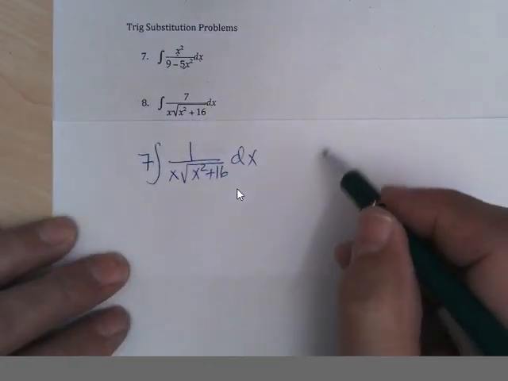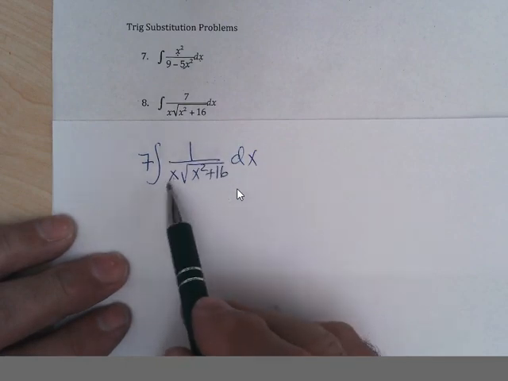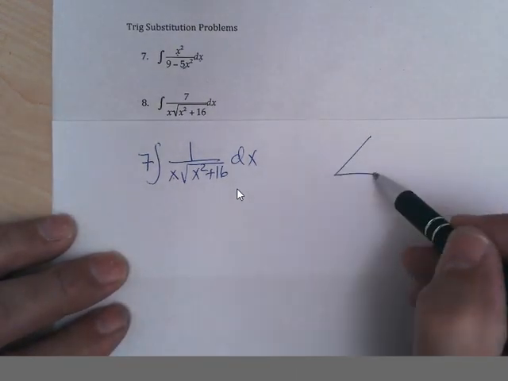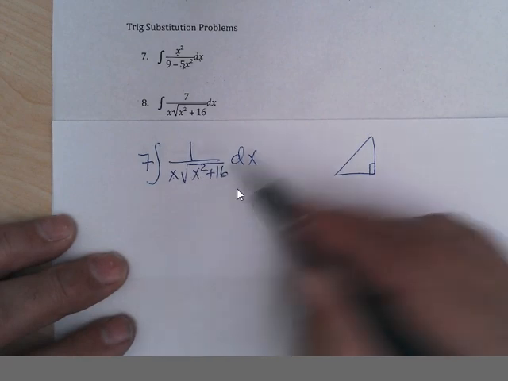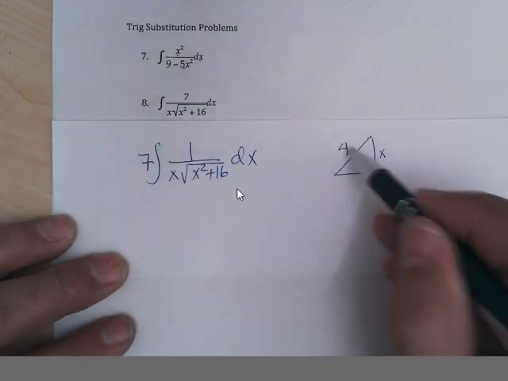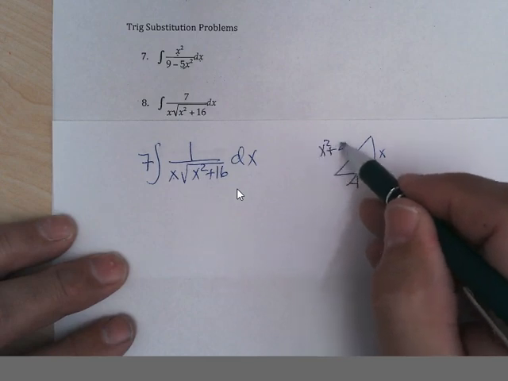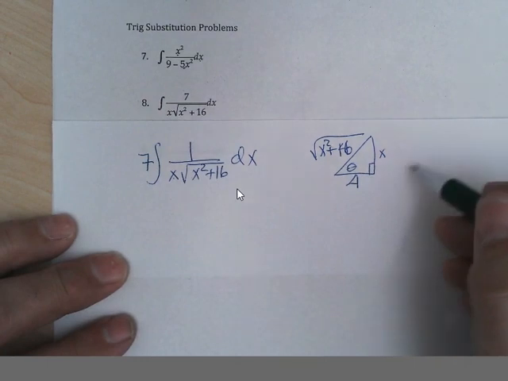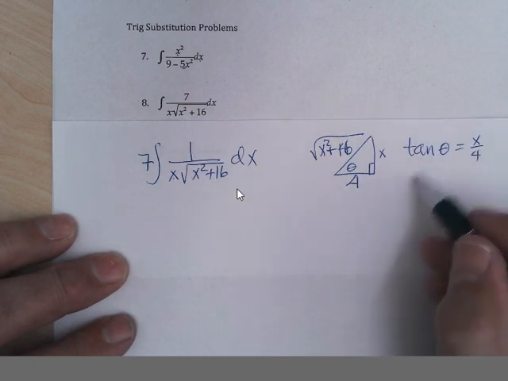And so if I let u be this, we'd get an x down here, which would make it an x squared. Wouldn't be bad, but it wouldn't be the easiest. Trig sub would be a little bit easier, and they're added, so I can put the x here and the 4 here, and I would get x squared plus 16 square root on the hypotenuse. So I'm letting the tangent of theta be x over 4.